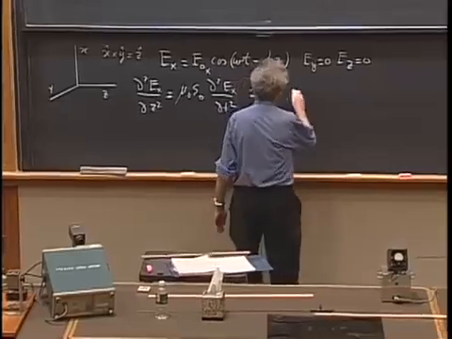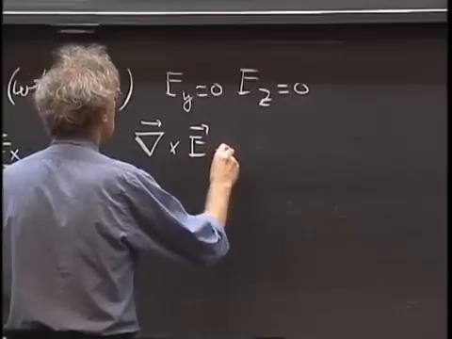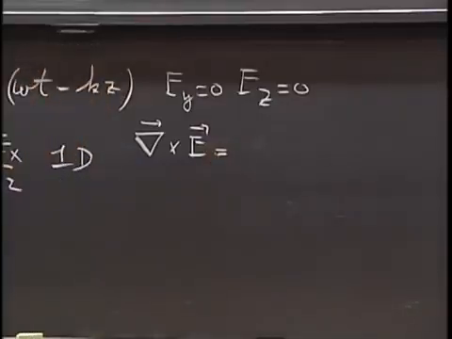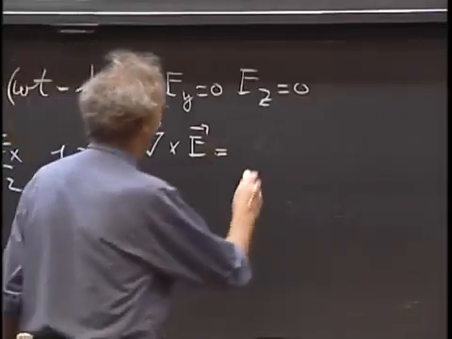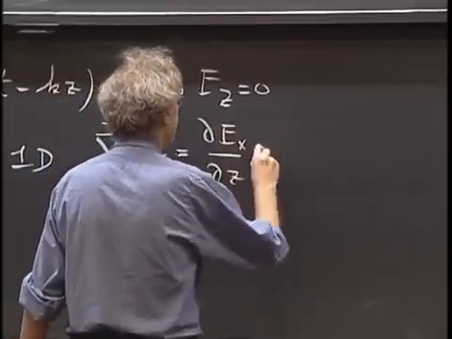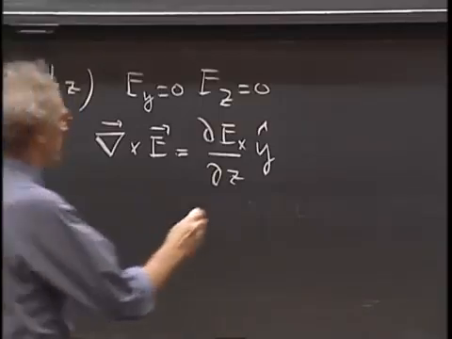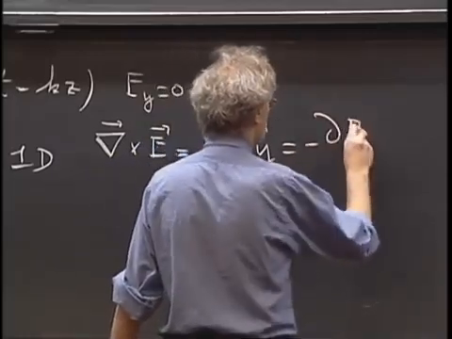So I'll write down here the curl of E. There's only one term that survives, and that is dEx dz, in the y direction, and that now must be equal to minus dB dt, because that is Maxwell.